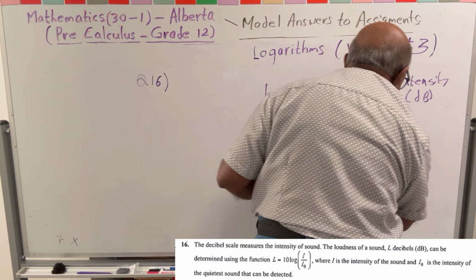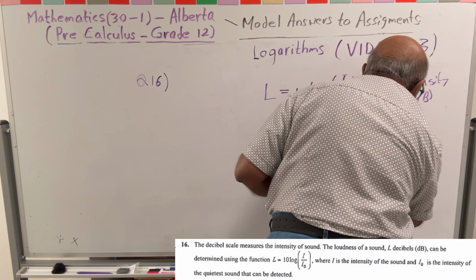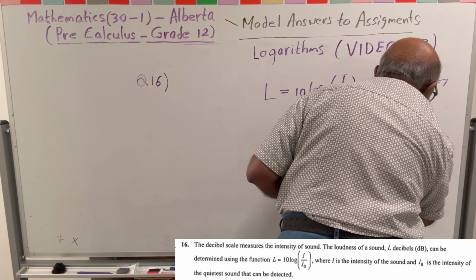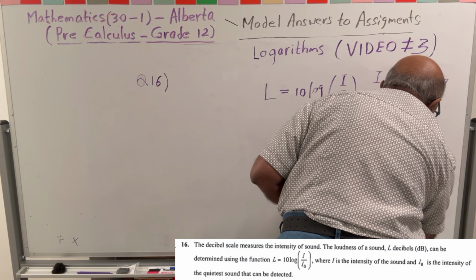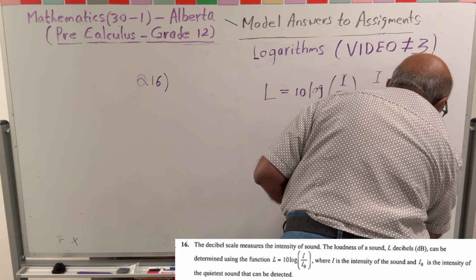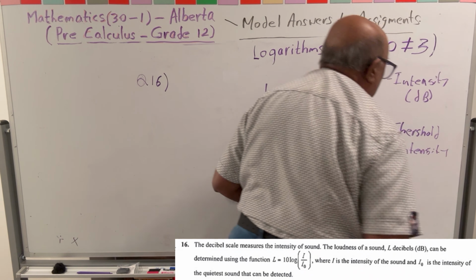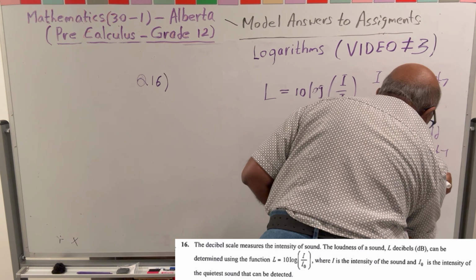In other words, sometimes it is called the threshold intensity. That is also in decibels.